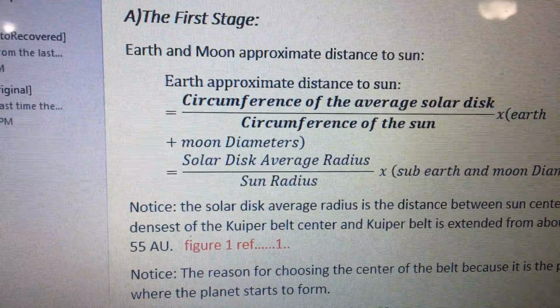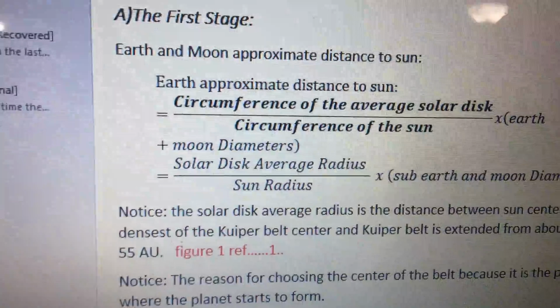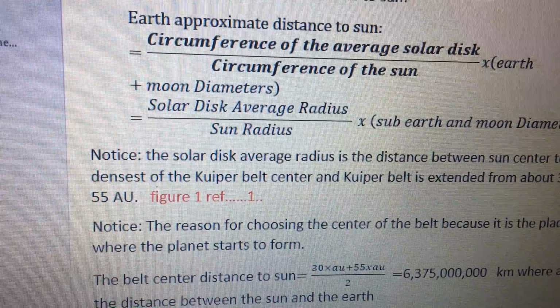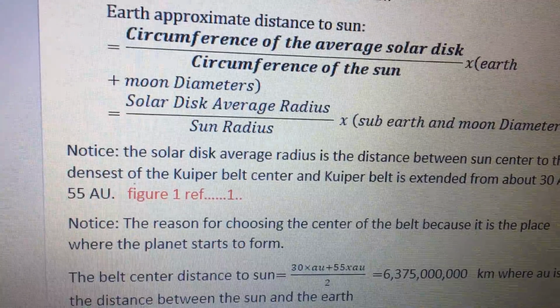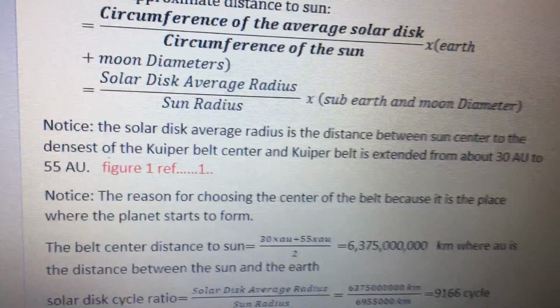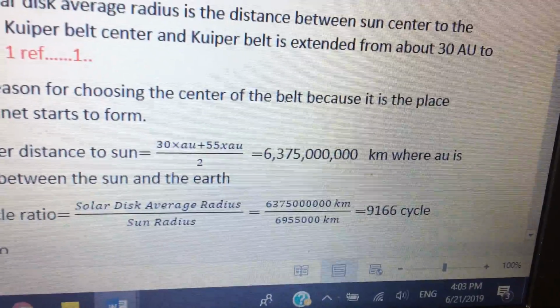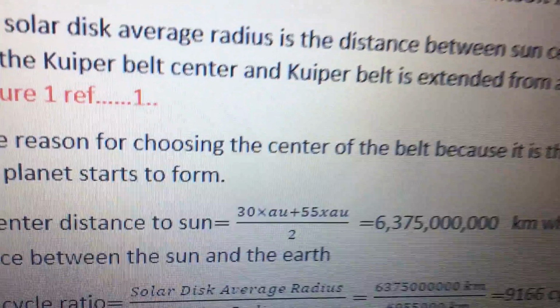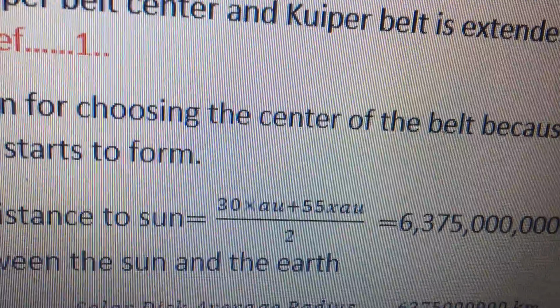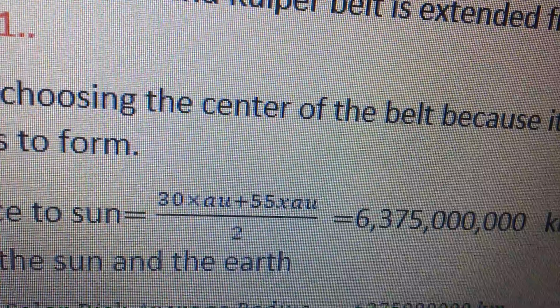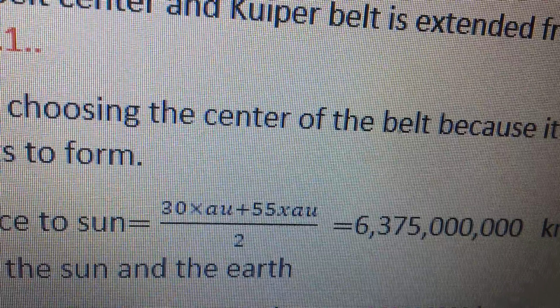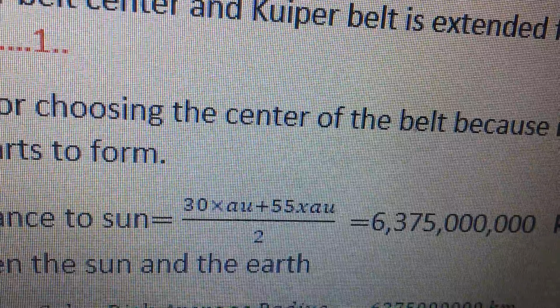So when you divide the solar disk average radius, as I said right here, it goes from 30 AU to 55 AU.